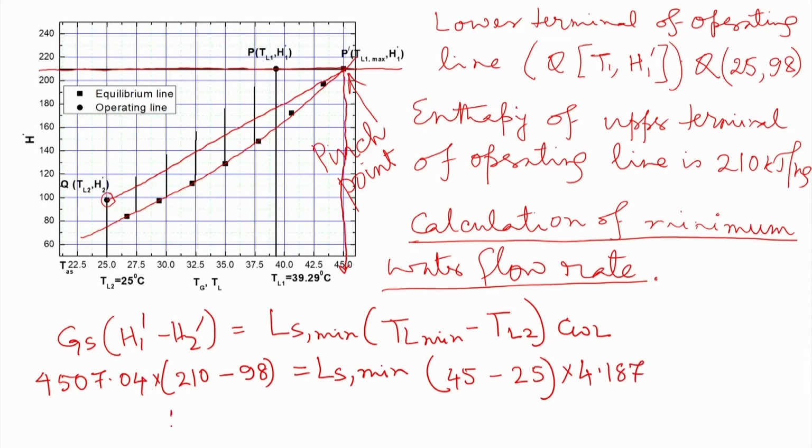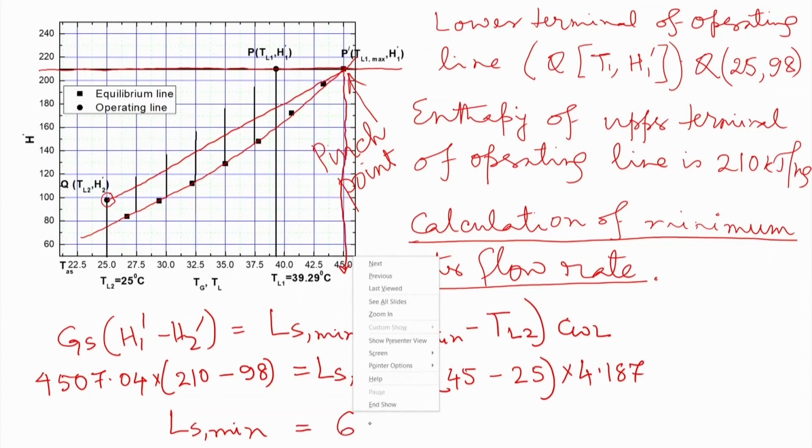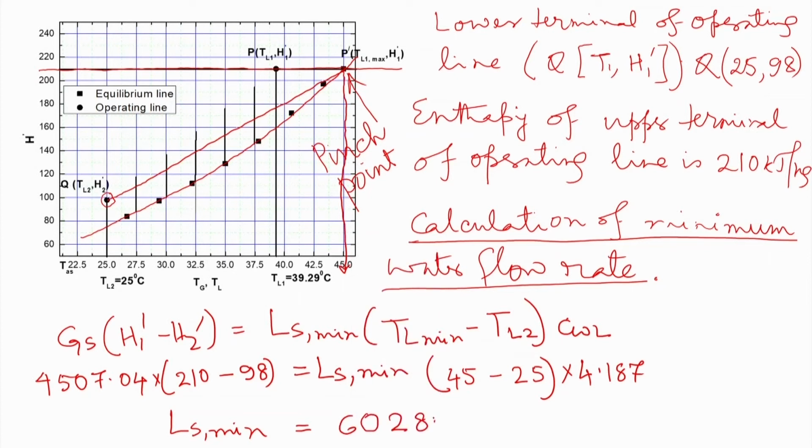From here we get Ls minimum equal to 4507.04 into (210 minus 98) divided by (45 minus 25) into 4.187, which comes out to be 6028.05 kg per meter square hour.